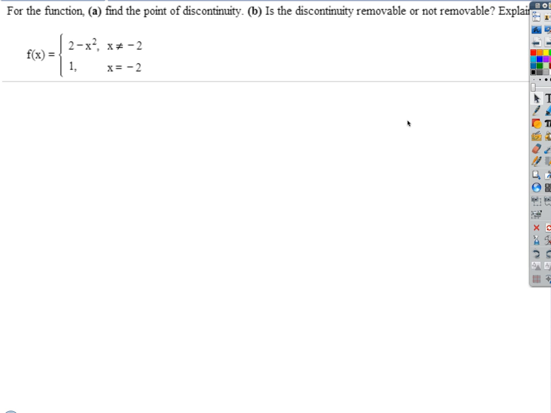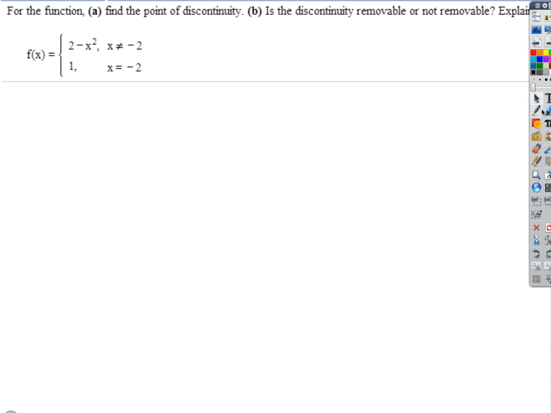Find the point of discontinuity. Is the discontinuity removable or non-removable? So to find the point of discontinuity, we would probably just graph this thing, right? Well, actually, we wouldn't have to graph it.